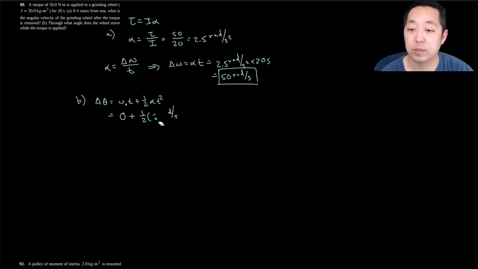Sorry, misread. Times 20 seconds squared. So that's 400, 200. 200 times 2.5 is 500. 500 radians.